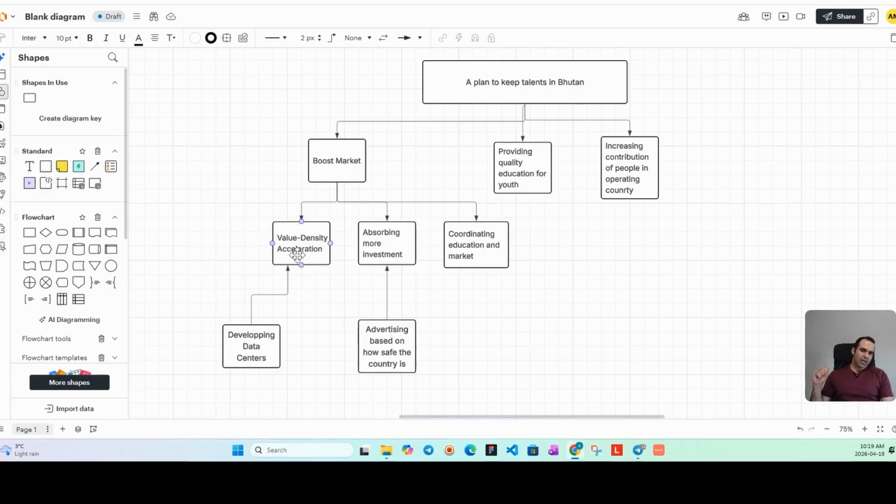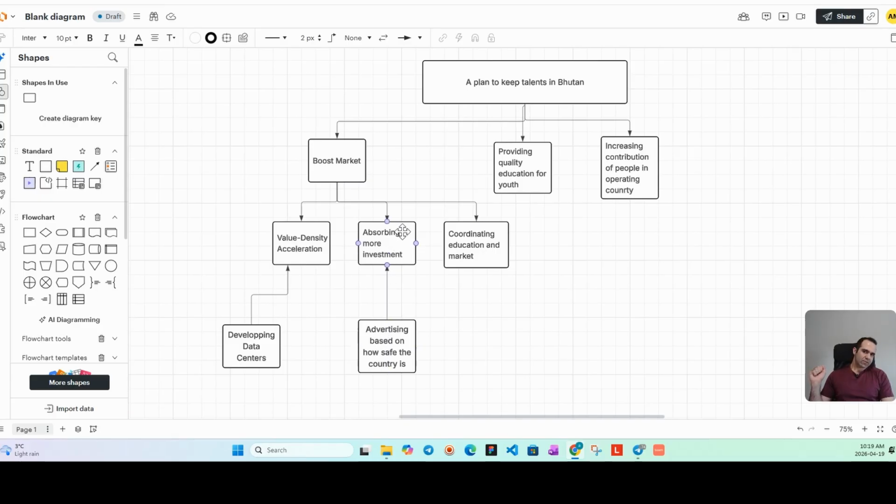For instance, Bhutan has too much electricity. Instead of exporting the raw electricity, they can work on developing data centers. With the data centers, they can increase the value density. Absorbing more investment is another strategy to boost the market.